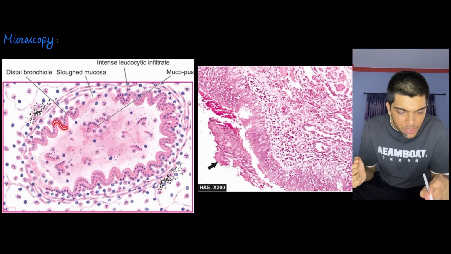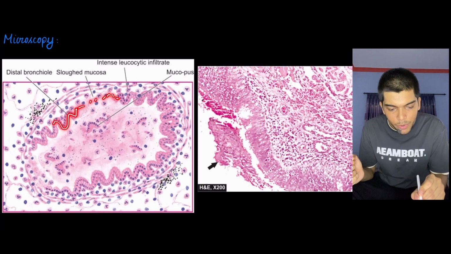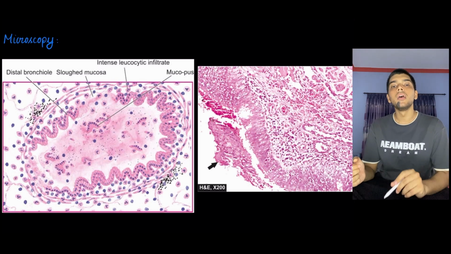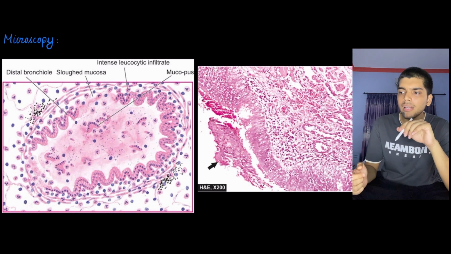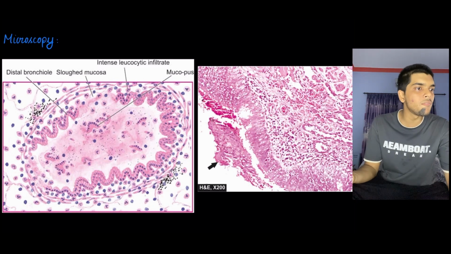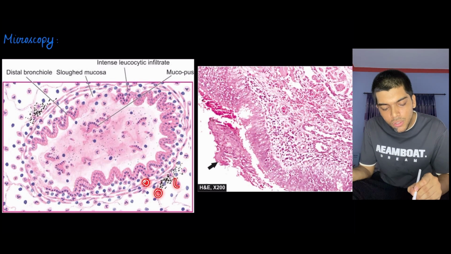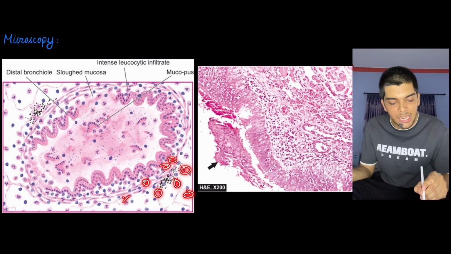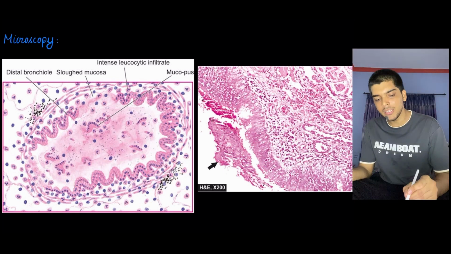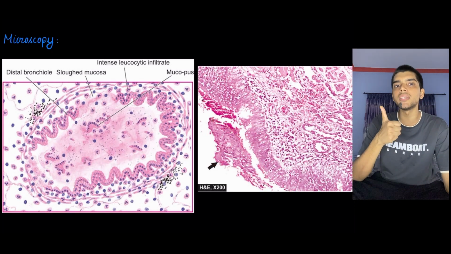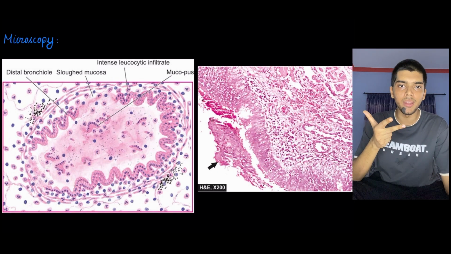There is discontinuity in the mucosa because part of it has been ripped off. Then, what happens in bronchiectasis? Inflammation happens. What happens in inflammation? Inflammatory cells come. So you can see lots and lots of neutrophils throughout the thickness. You can see right here, there's the slurred mucosa. So what are the three major things? Number one, mucopus in the lumen. Number two, slurred mucosa. And number three, inflammatory infiltration.